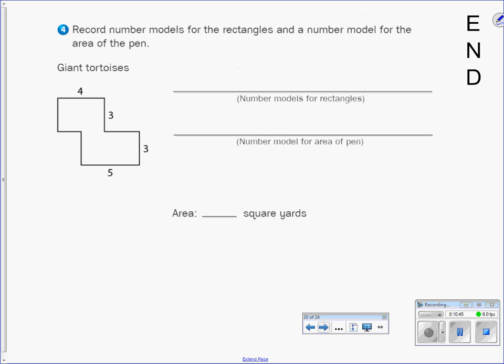Okay, we got one more here that we're going to do. Okay, let's go ahead and divide it across here.